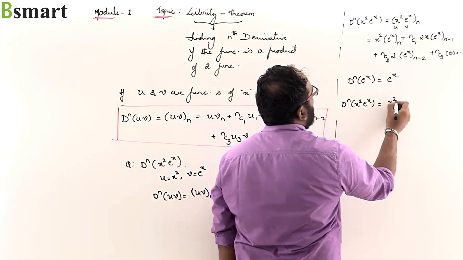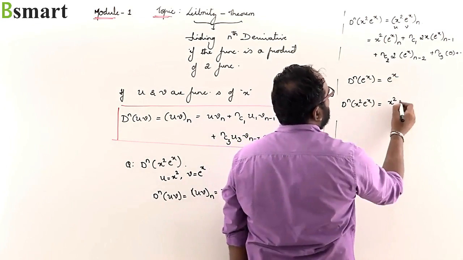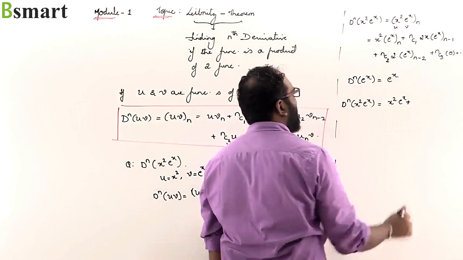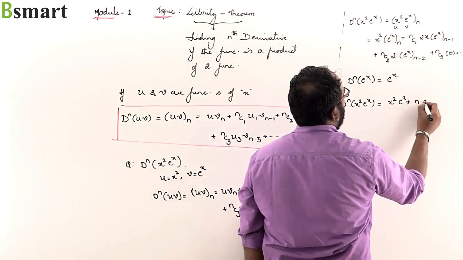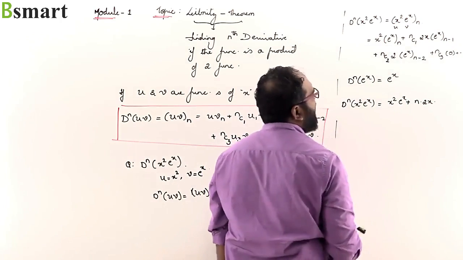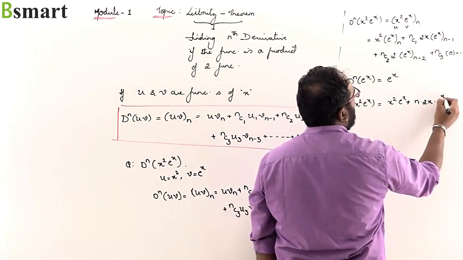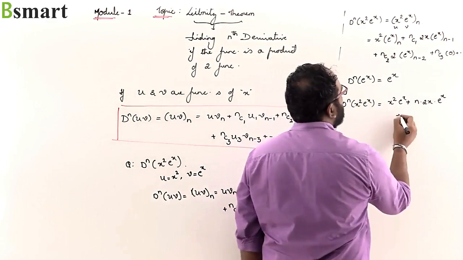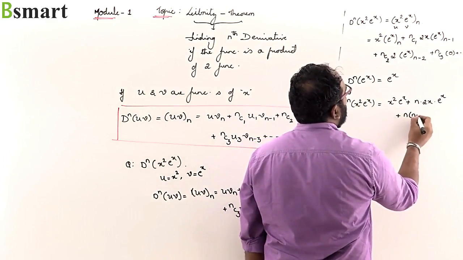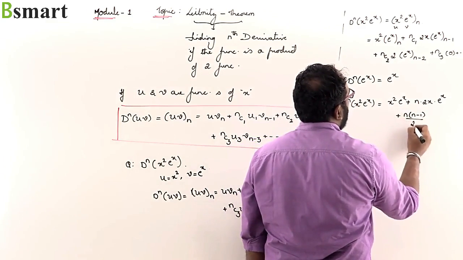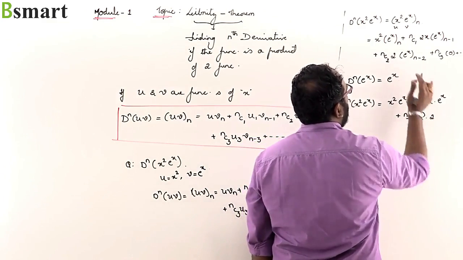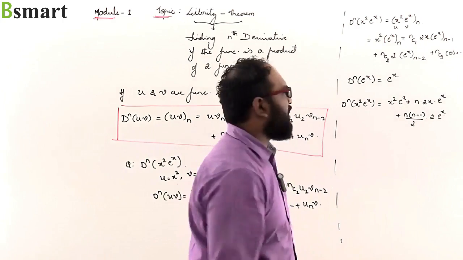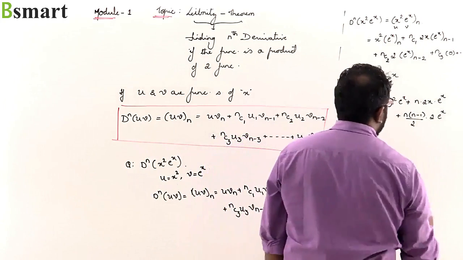So the nth derivative of x squared e to the power x is equal to x squared into e to the power x, plus nC1, that is n, into 2x into e to the power x, plus nC2, n into n-1 by 2, into 2 into e to the power x, and the remaining terms are all 0.